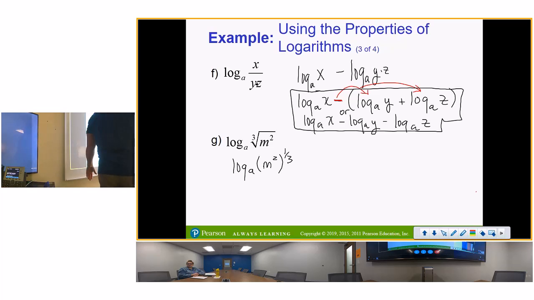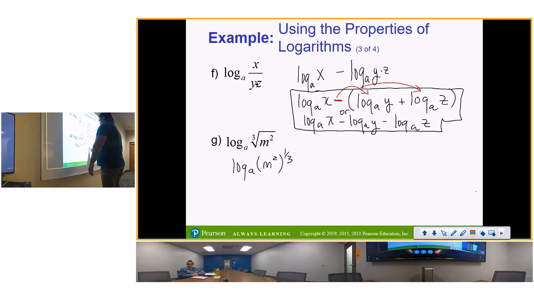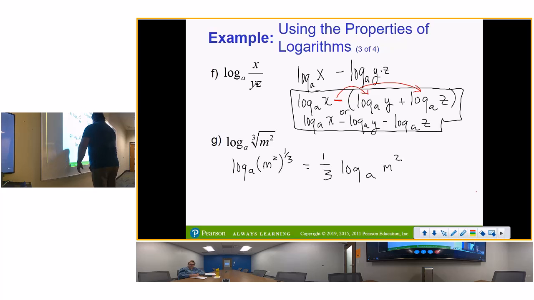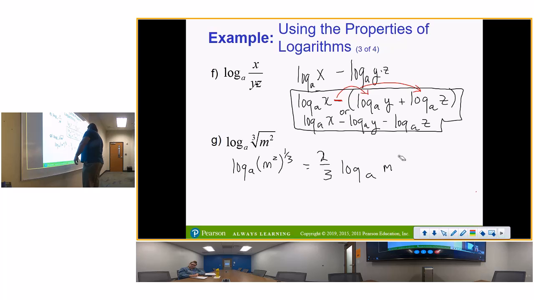I don't know how they're going to do it, but I would say they're going to bring it out front like this. Log base A of m to the second power. And then, of course, that comes out front. What's 2 times 1/3? 2/3. So, either way, you're going to get this answer.